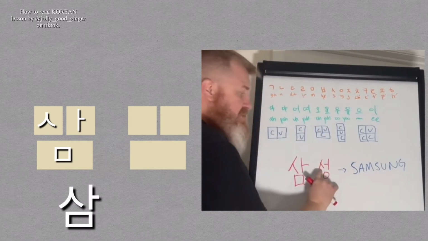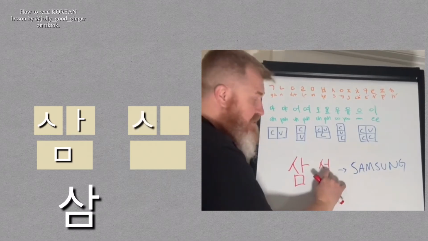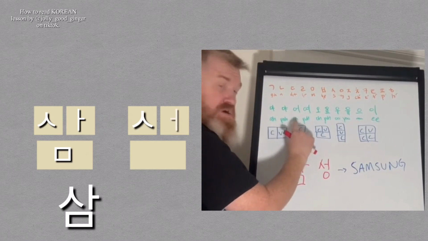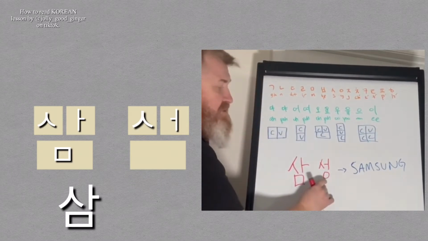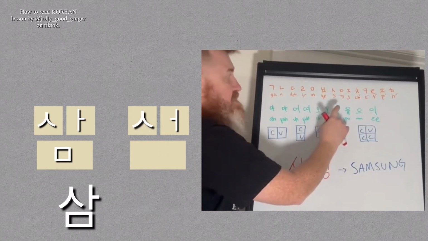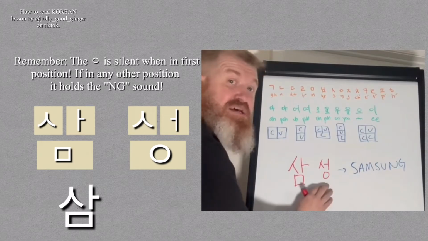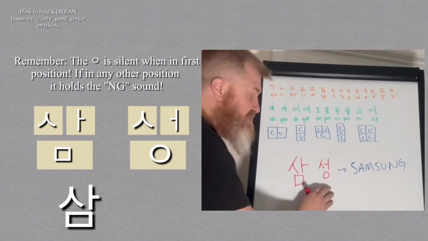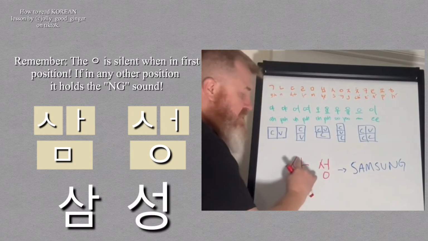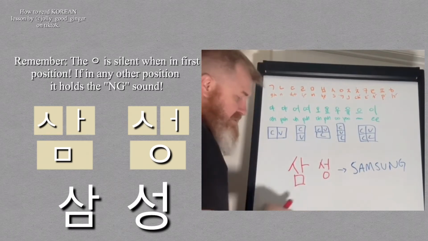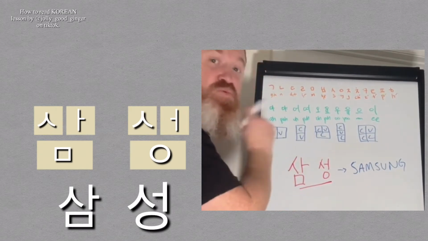Same thing, the shiot is an S, this vowel is ah, so sa, and then the circle here is silent if it's up top, but it's ng if it's in the bottom position, and right here it is in the bottom position, so it would be sung. Sam, sung, Samsung. That's how you read that word.